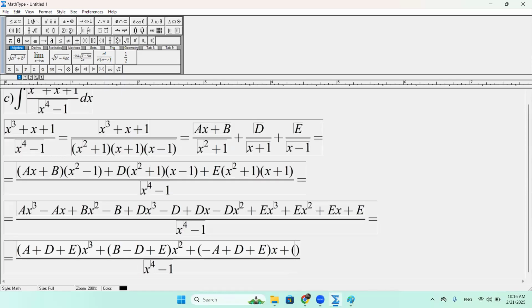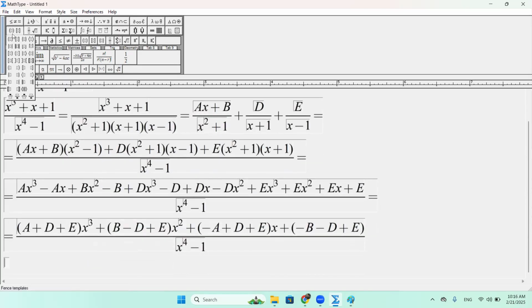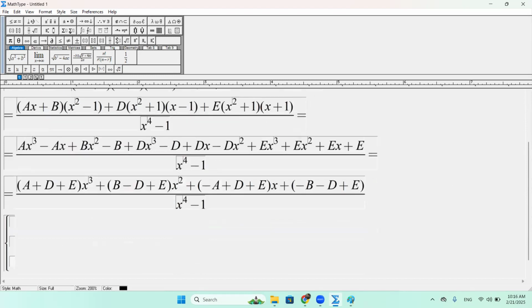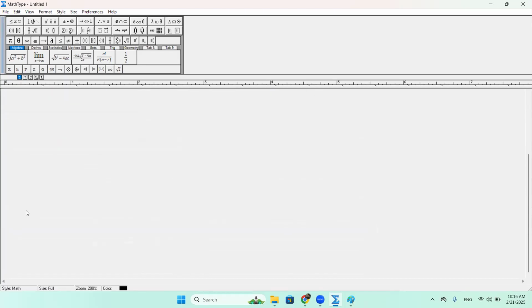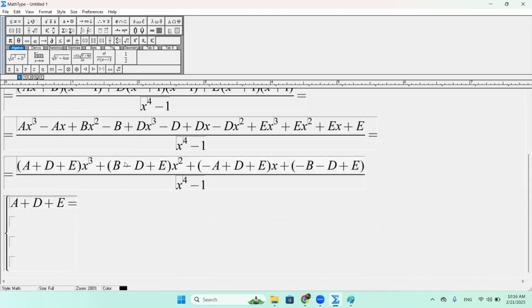And power of 0: minus b minus d plus e. So everything is here, nothing was lost. And now writing down the system of equations, which we will not solve for now. We will just look into the materials for the lesson.